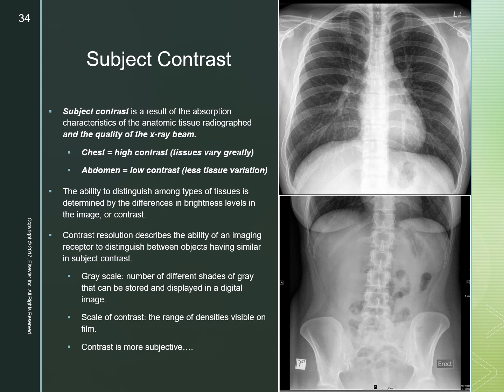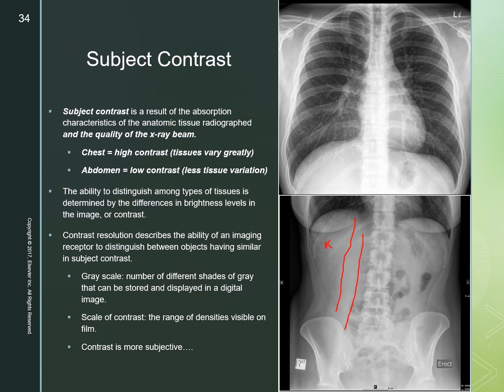Our ability to distinguish among types of tissues is determined by the differences in brightness levels of the image, or contrast. If we have enough grays, we're able to differentiate very small attenuation differences on our image. So that would allow us to make out this psoas muscle right here and differentiate that from, say, the liver over here.